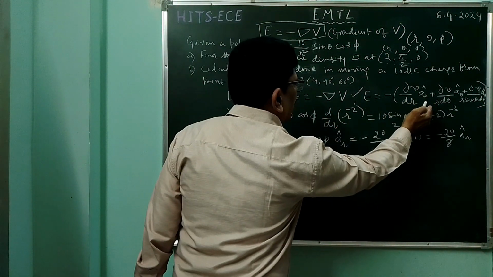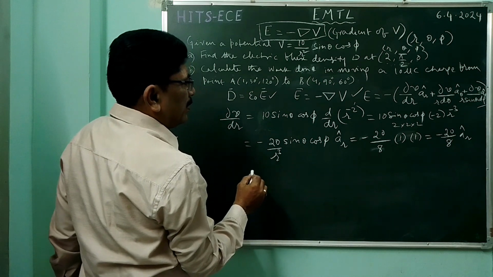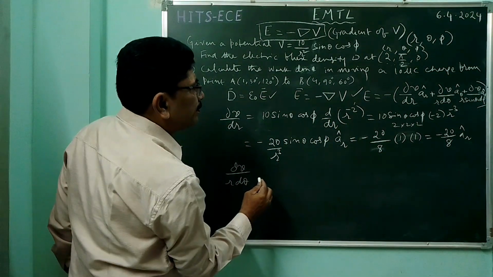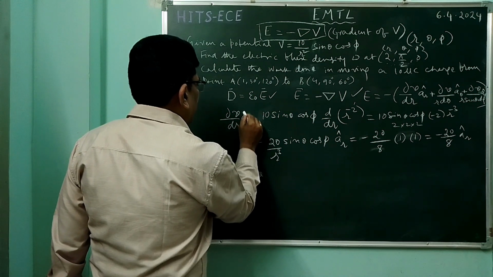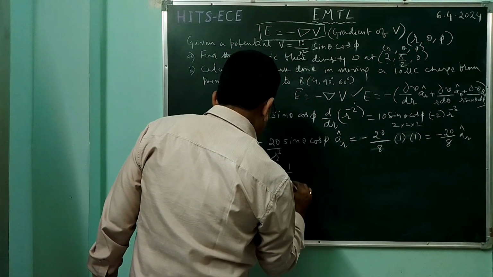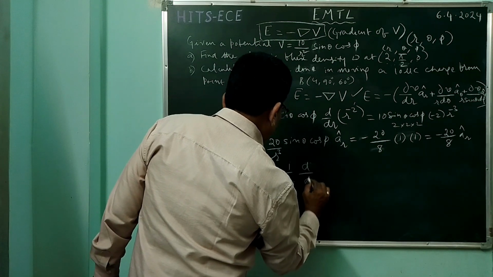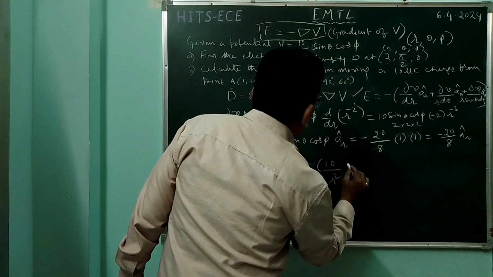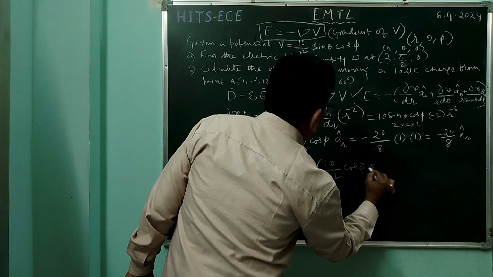And coming to this term now, dV by r d theta into a theta cap, which is 1 by r times d by d theta of V. V is 10 by r square, with cos phi constant, and we differentiate sin theta.